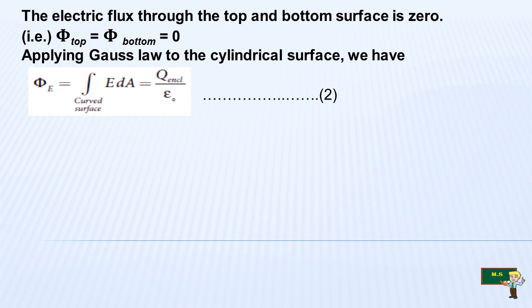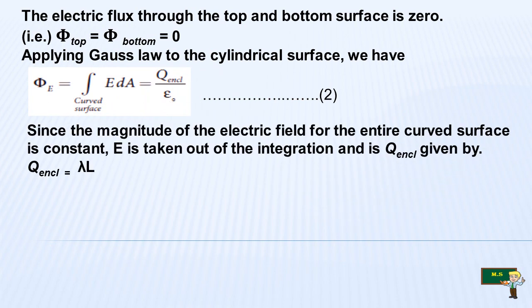In the axial line and equatorial line also, we came across the top and bottom being kept 0. Now applying Gauss law to the cylindrical surface, we have phi E is equal to integral over the curved surface of E dot dA is equal to Q enclosed by epsilon 0. This is the Gauss law statement, which is considered as equation number 2 here.